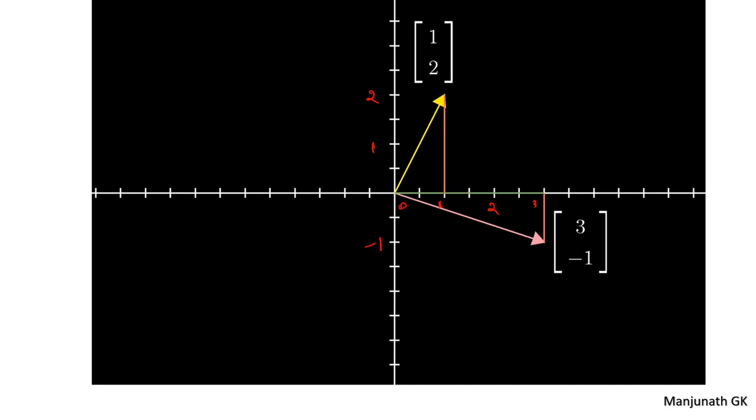If these two are added, what will be the result? You can see 1 plus 3 is equal to 4. Then 2 minus 1 should be equal to 1. That should be the result here. Our resultant vector should have 4 units along the x-axis, 1 unit along the y-axis.